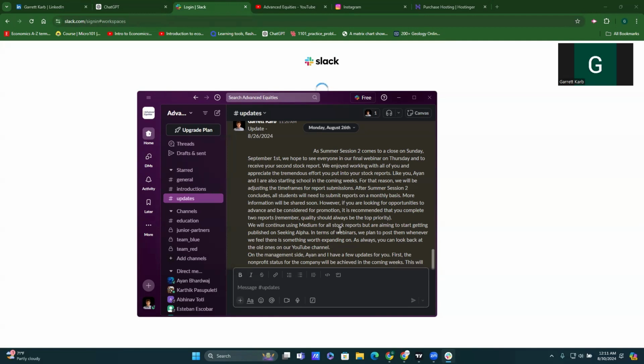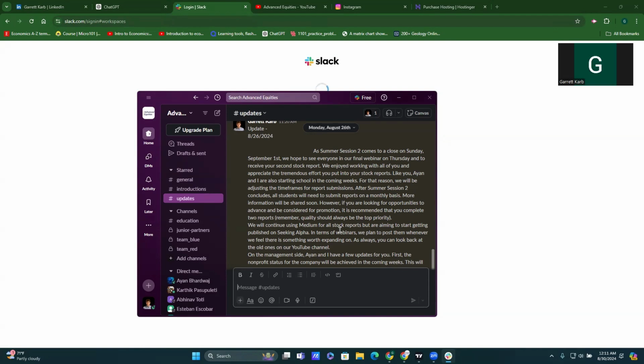Seeking Alpha is a little bit more advanced, as I've discussed before. We're still working on our publication to be put on there. Once we get that publication up, we'll start reporting the best reports we see on advanced equities, and we'll try and get those ones up too. That will involve working with publishers, so we'll contact you if you were selected to go on to Seeking Alpha.